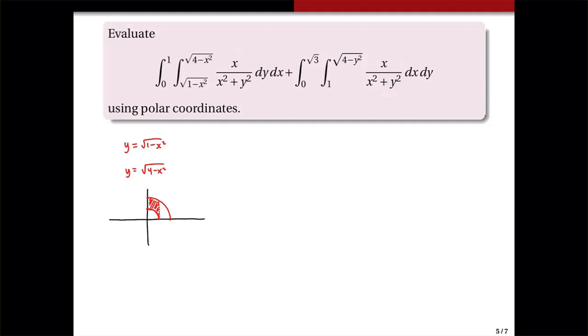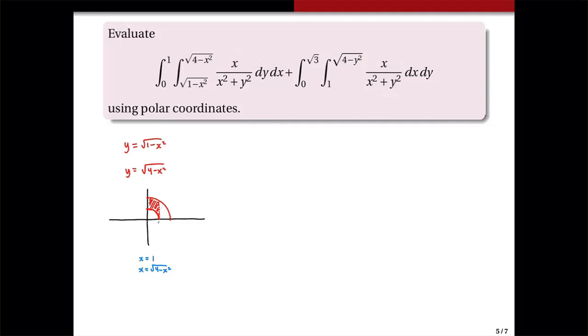Now, for the second one, we have here dx dy. So your x is from 1 until your x is to the circle of radius 2. Right? So for the second one, we have x equals 1, and then x equals square root of 4 minus y squared.